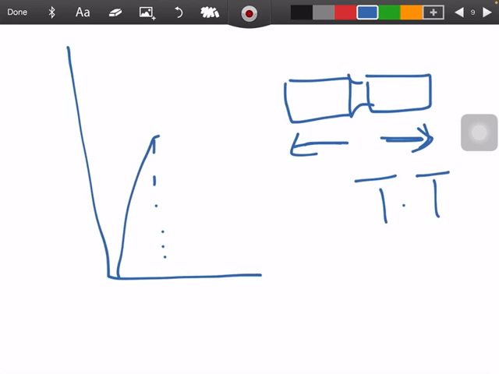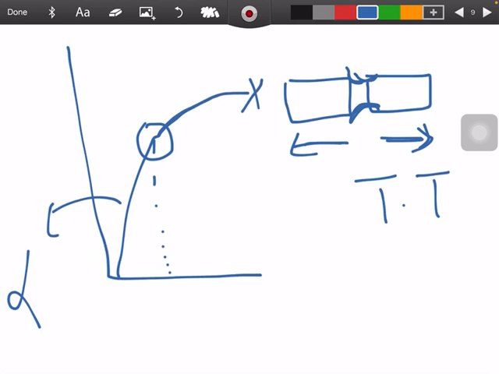Up to a certain limit, the stress and strain are directly proportional to each other. After a certain limit, the material transforms into a plastic form, and after that the material gains some higher strength, which is called UTS, ultimate tensile strength.